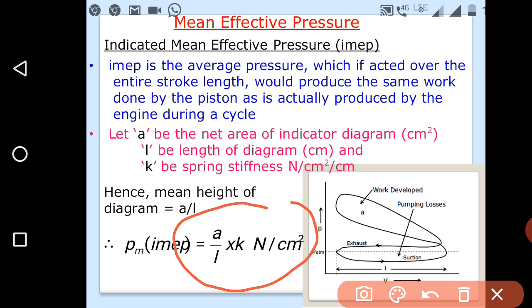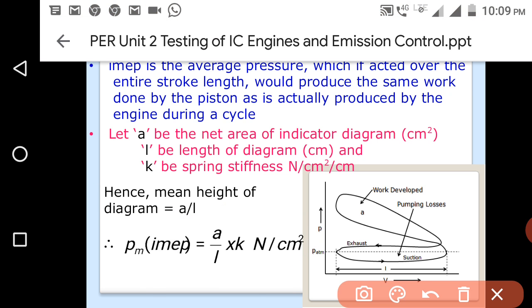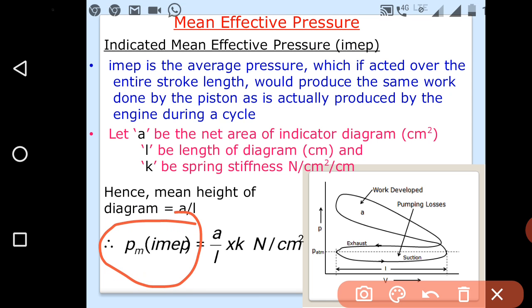Sometimes the mean effective pressure is not given in the problem, and then they will give you the parameters of the mechanical indicator: the area of the indicator diagram, the length of the diagram and the spring stiffness. By using these three parameters you can find the mean effective pressure. You have to use this formula to calculate it, and once you have the mean effective pressure, you can calculate the indicated power.